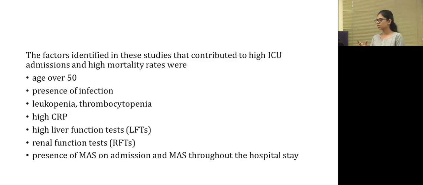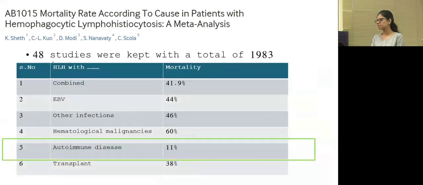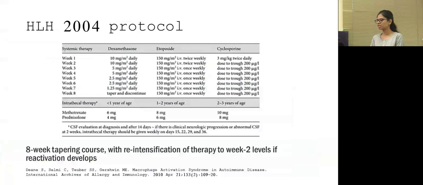These are the few mortality predictors noted in this study. And in another study, by Sheth et al., autoimmune disease as a cause of hemophagocytic lymphohistiocytosis had a mortality of 11%, when compared to EBV, which is the highest at 44%.